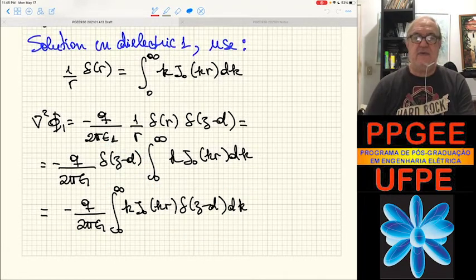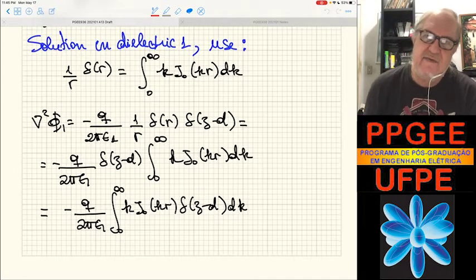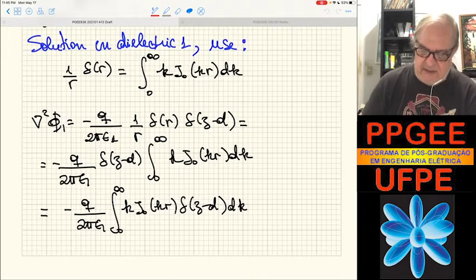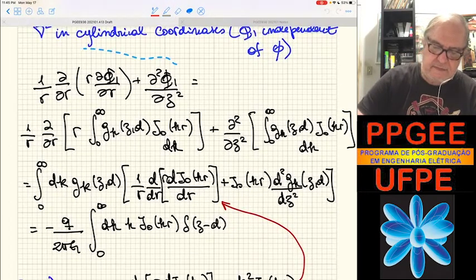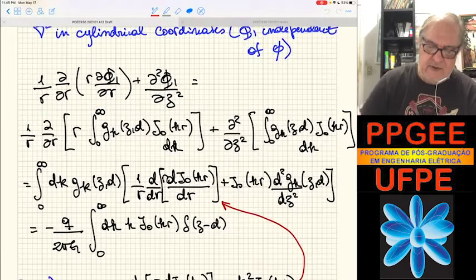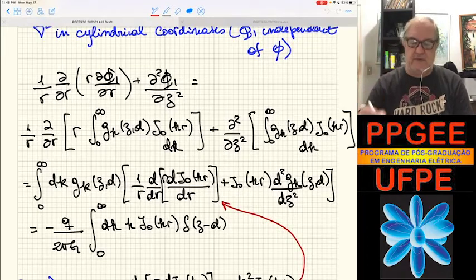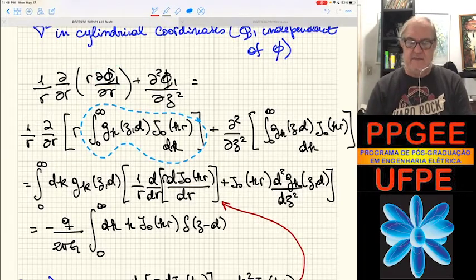And now we are going to expand the Laplacian in cylindrical coordinates for the case in which there is no dependence on the phi coordinate. So let's do that, and let's use the solution in the upper hemisphere because we want to solve for gk. We don't know the solution. So we're going to use the expansion for the potential in the upper hemisphere, which is given by this Fourier-Bessel integral here.